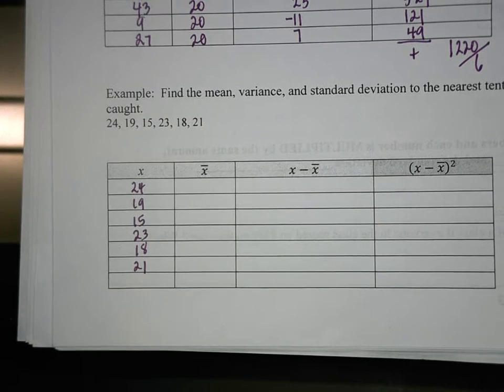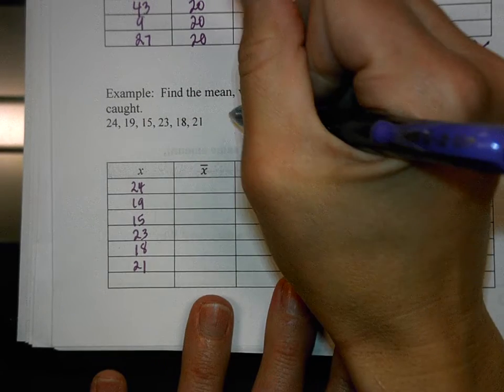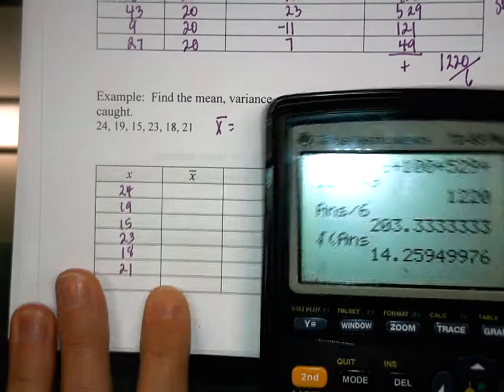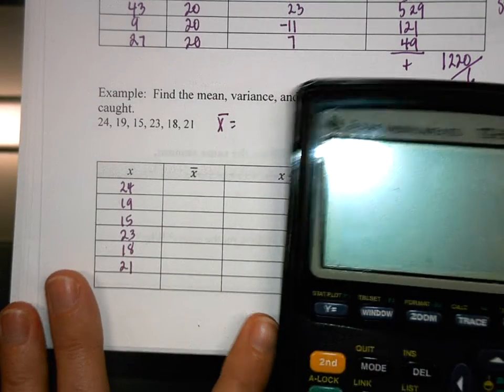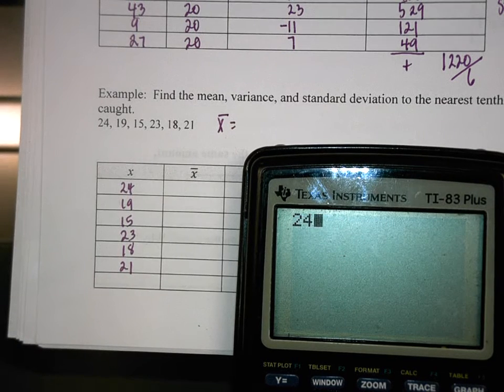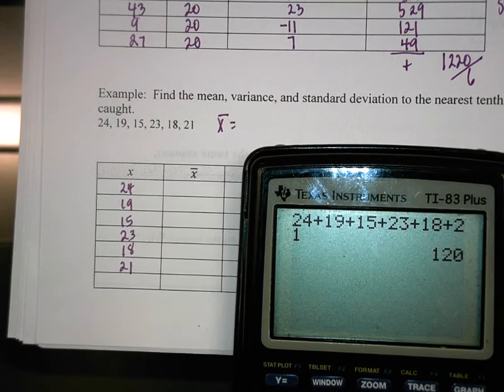We need to find our mean. How do we find our mean? Add them all up together. So we'll get out our calculator here. We have 24 plus 19 plus 15 plus 23 plus 18 plus 21, which is 120.